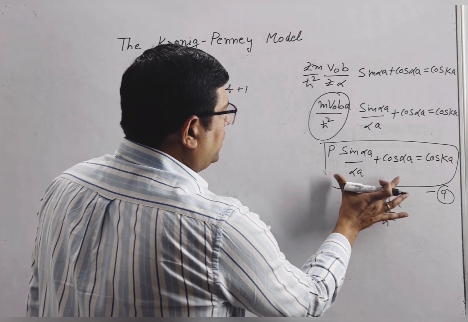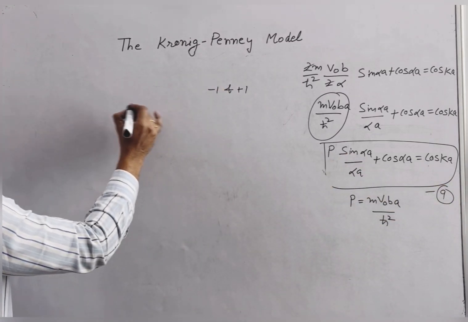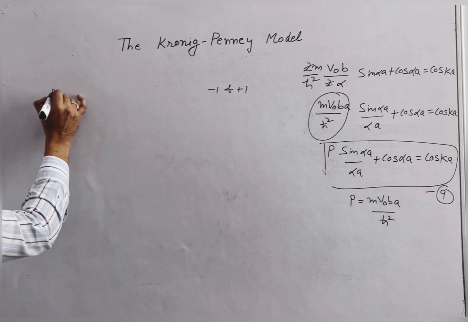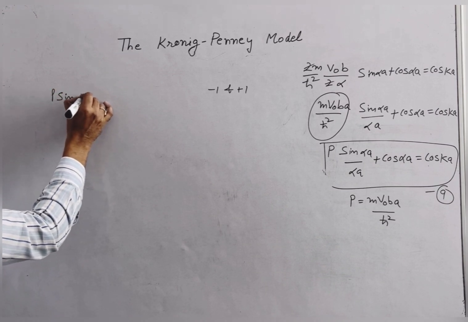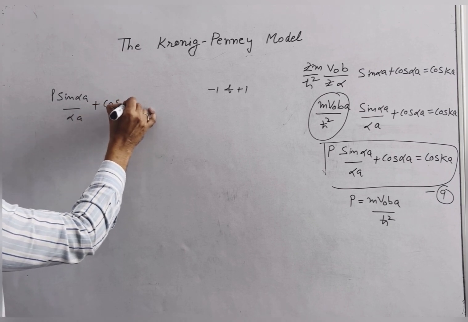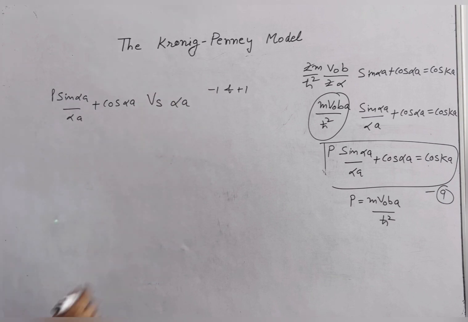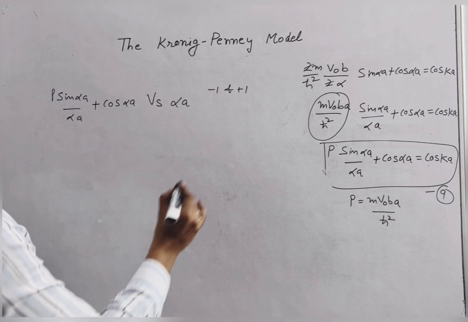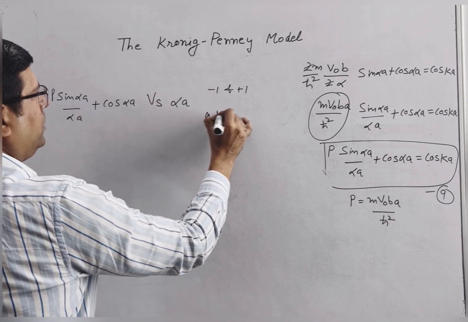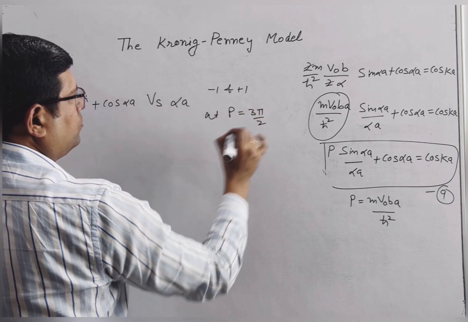So if we plot the left hand side, P sin alpha a upon alpha a plus cos alpha a, versus alpha a at P equal to 3 pi by 2.